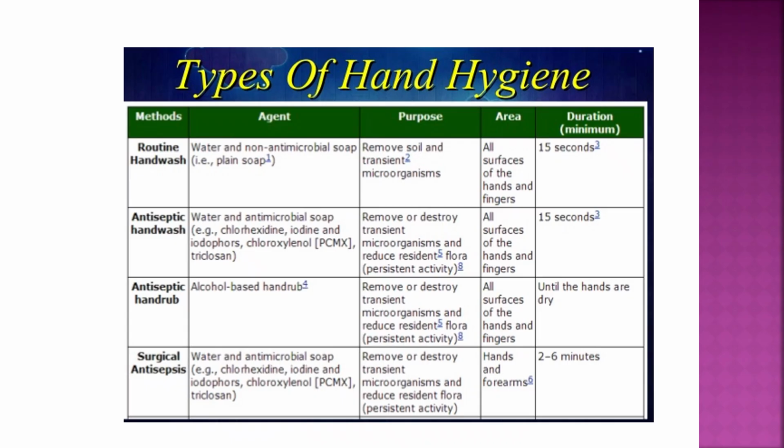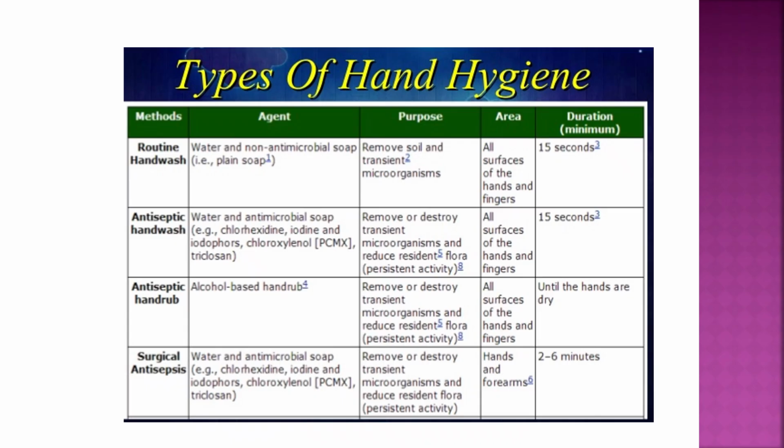Antiseptic hand wash. So here we use water and soap. Antimicrobial soap can be composed of chlorhexidine, iodine, iodophor, chloroxylenol. Then the purpose is remove or destroy transient microorganisms and reduce resident flora. So all surfaces of the hands and fingers, and duration is 15 seconds.